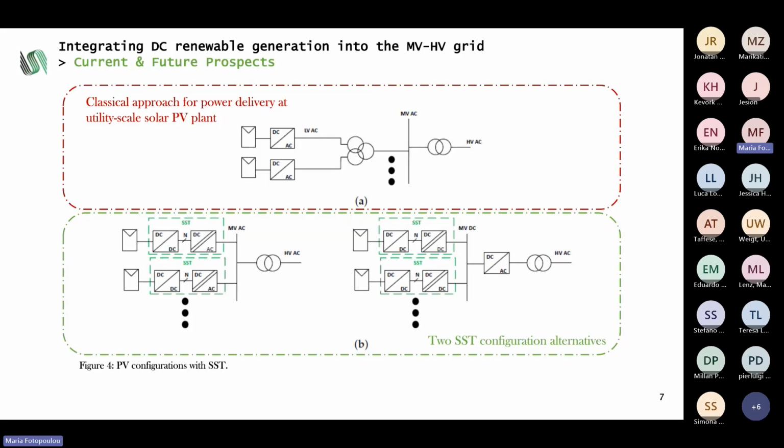But if one uses an SST, then we get the two configurations on the bottom of this slide. In the first one, we have multiple SSTs that convert the PV production into medium voltage AC directly. And then we have a more advanced option on the other side, where multiple SSTs convert the PV production directly into medium voltage DC for the integration into the power system.